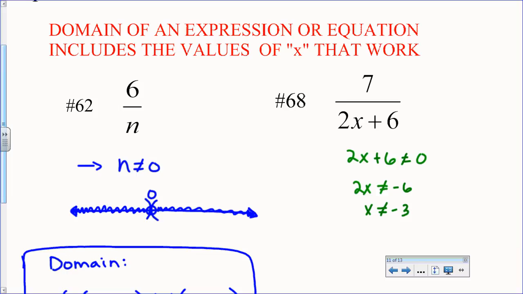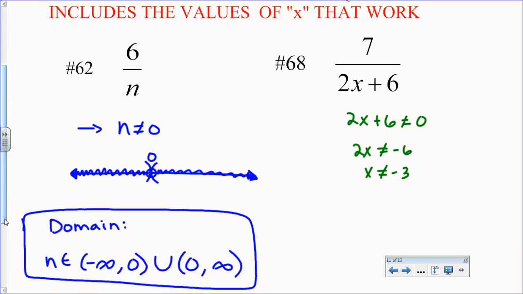So that's a disclaimer. And then we're going to write the domain like this one here. When I want to show that I'm going to skip negative 3, I use the double parentheses. So x is an element from negative infinity to negative 3, parentheses, union negative 3 to positive infinity.